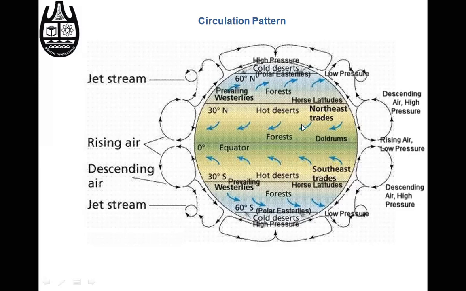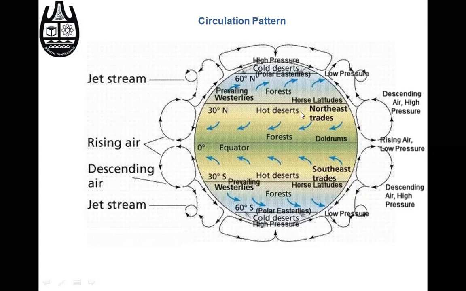And these always come in a clockwise direction. After the doldrums up to 30 degrees north and 30 degrees south, the air moves in this direction.